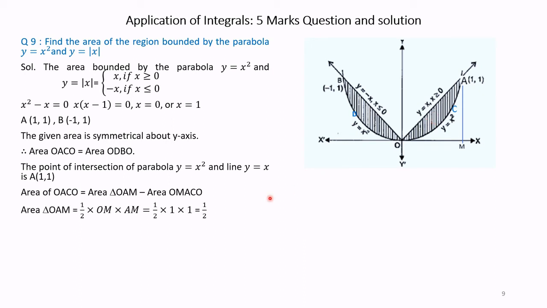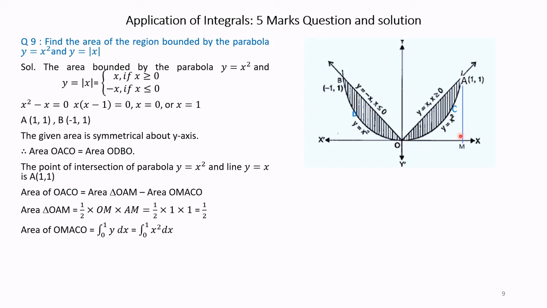If you subtract the area, we will get the shaded region, the area of the shaded region. Let us do it. Therefore, area OAM is equal to half base into height, where because of this coordinate 1, 1, OM is equal to 1 and AM is equal to 1. Therefore, area of triangle OAM is half, 1 by 2. Now we have to find the area of OCAM, where the integral of y dx varies between 0 to 1.